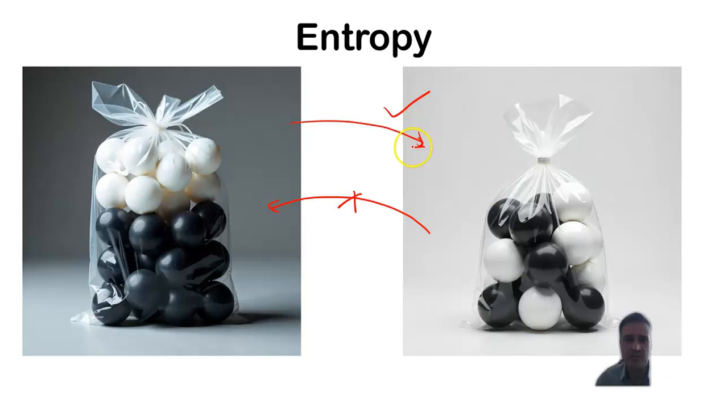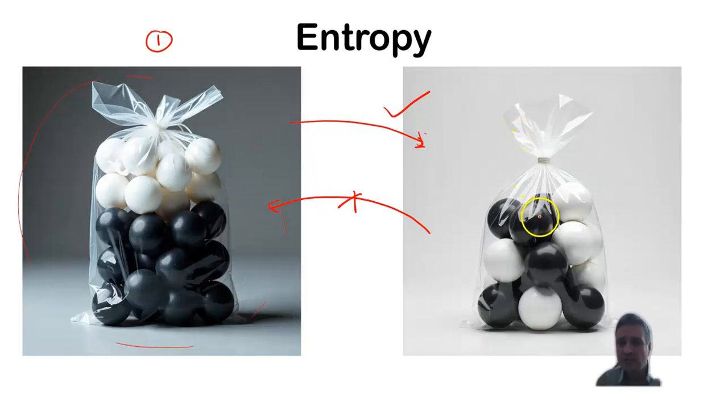But why does this happen? It is related to the number of states that we have in each condition. In this state, we have only one state in which we can separate the balls.